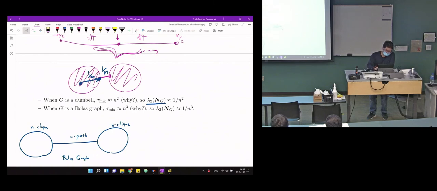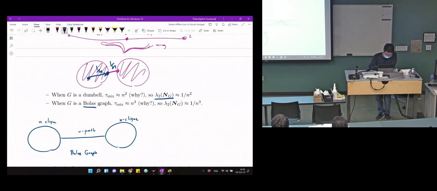And there is an even worse graph than the dumbbell graph, called the Bolas graph. It's like a weapon, where you have a chain and some heavy stuff at the ends. It's a graph where you have an n-clique here and an n-clique here again, and in the middle is a path.